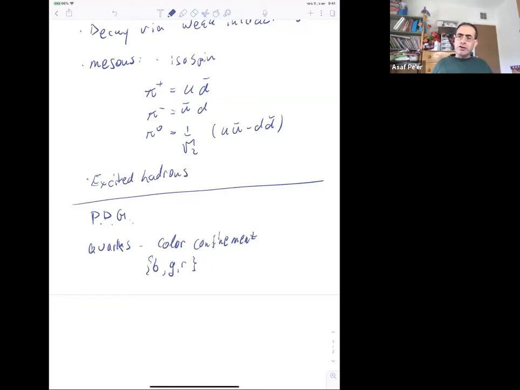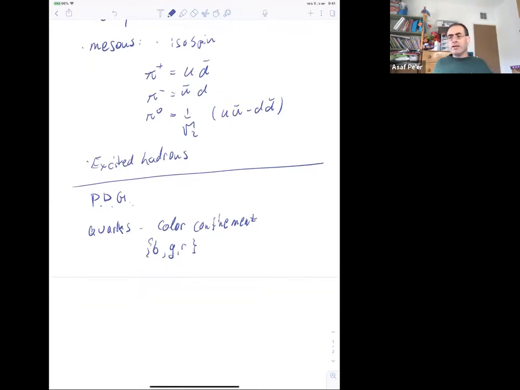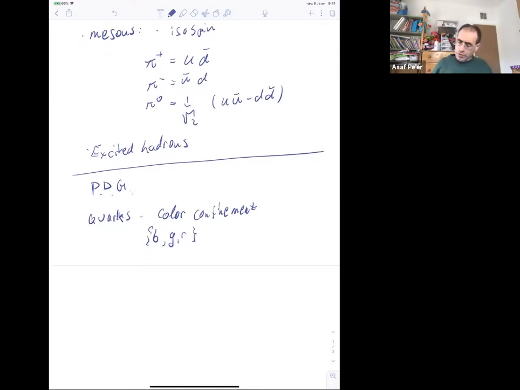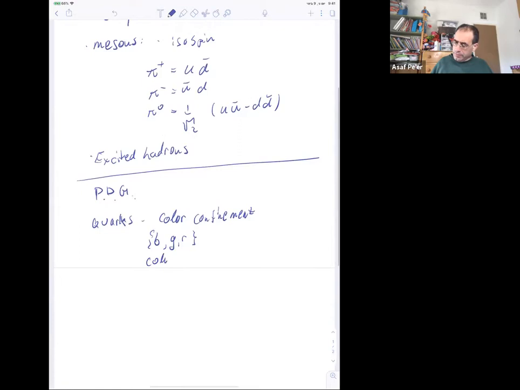We can only see color neutral objects. So color neutral meaning that they are made of either all three, one blue, one green, and one red, which makes them neutral, or a blue and an anti-blue, a quark and an anti-quark. And these are known as mesons. So we only see color neutral objects.